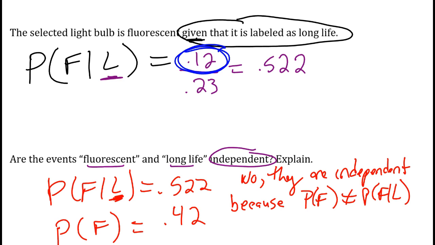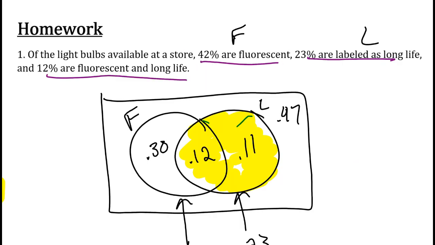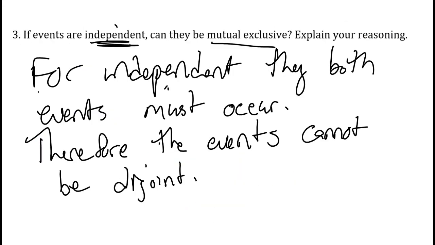We got that part of our conditional probability from the AND probability. So for them to be independent, there needs to be that AND probability. That AND probability cannot be 0, otherwise they won't be independent. That AND probability, that overlap, must occur for two events to be independent, so they can't be mutually exclusive.